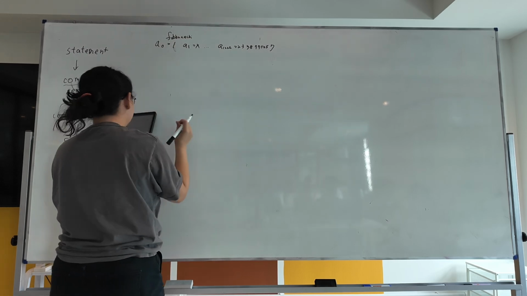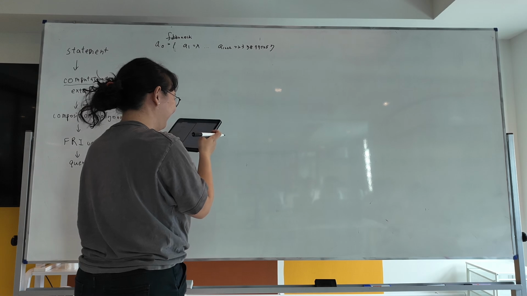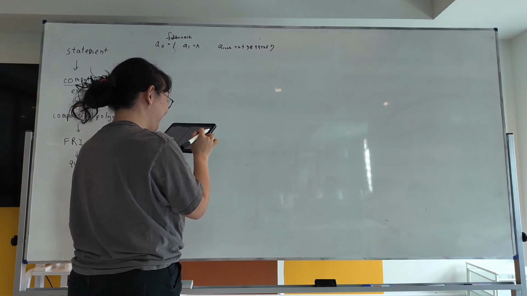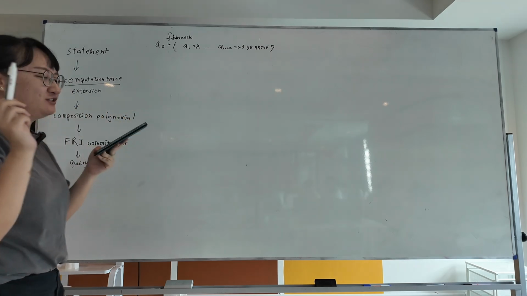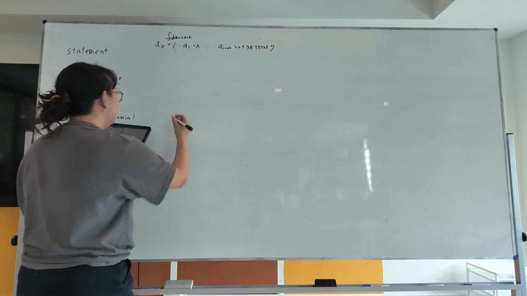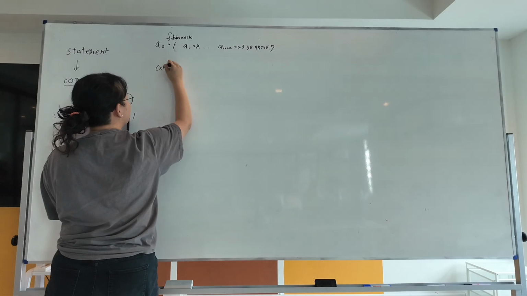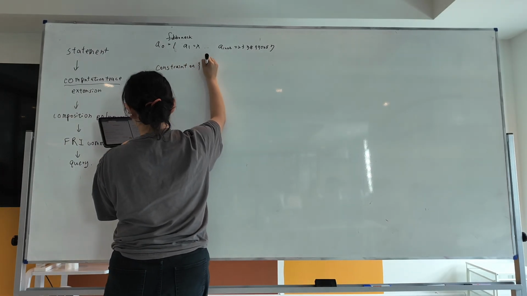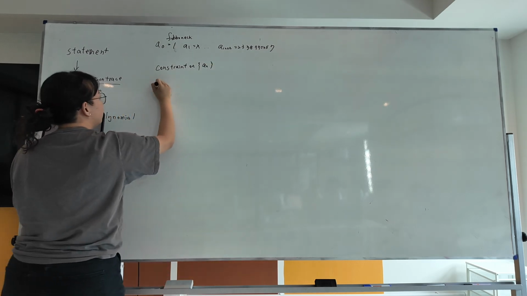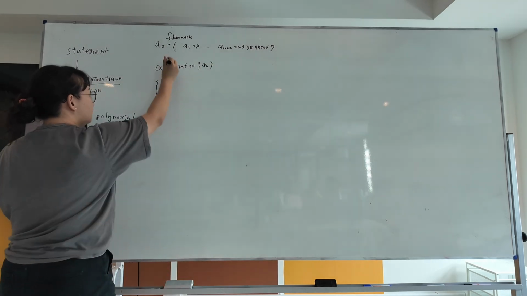Not sure if I made it correctly. But okay, when we're looking at the composition polynomial, we first look at what constraints we have on A_n. First we know that we have to start with 1, right?